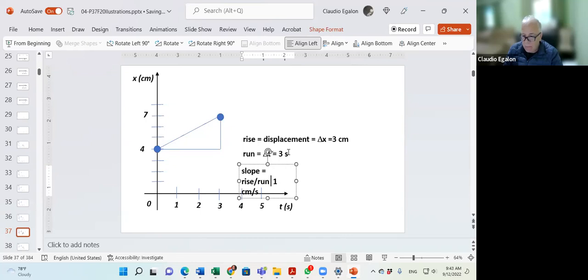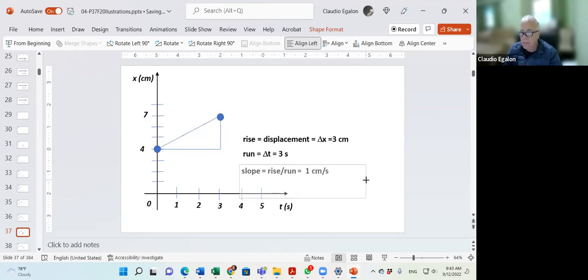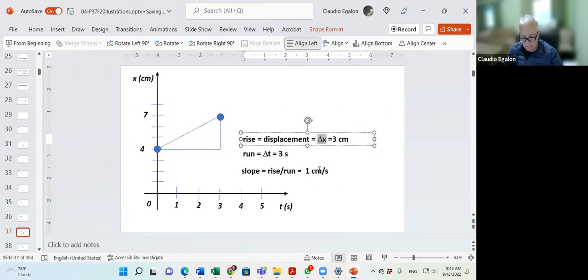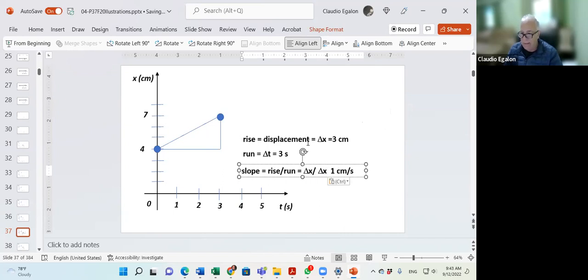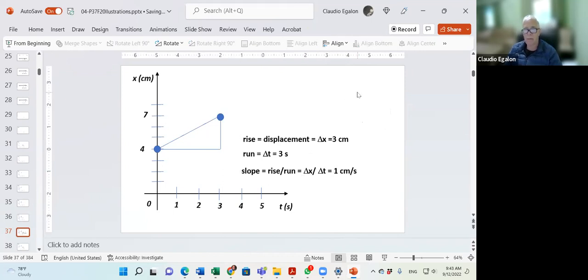Those are mathematical concepts that we use in physics and give different names depending on the problem that we are solving. It's going to be delta x divided by delta t. It ends up being 1 centimeter per second.